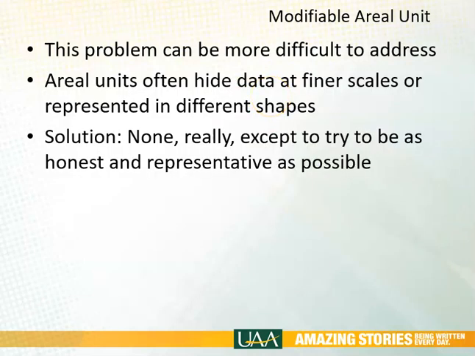The other problem is even more difficult to address, and it deals with the problem that areal units often hide data at different scales or when they're represented by different shapes. And there's really no solution to this if you are using data that is inherently a part of some sort of areal unit that is flawed or problematic.